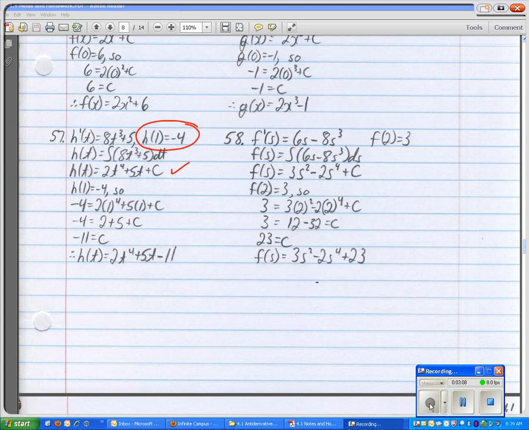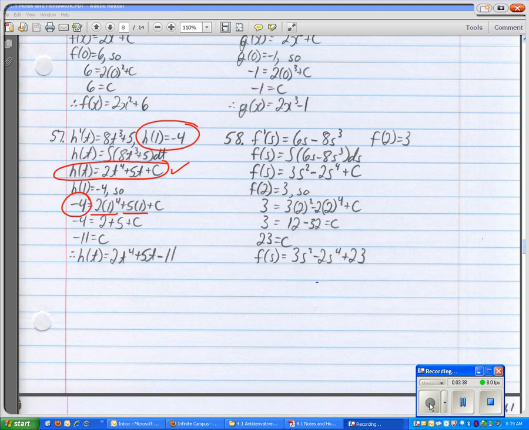That means whenever t equals 1, the function equals negative 4. So we just found the function, replace t with 1. So instead of 2t to the 4th, that's 2 times 1 to the 4th. Instead of 5t, it's 5 times 1. And whenever we do that, the function itself, h of t, equals negative 4. So it's just substitution. You with me?